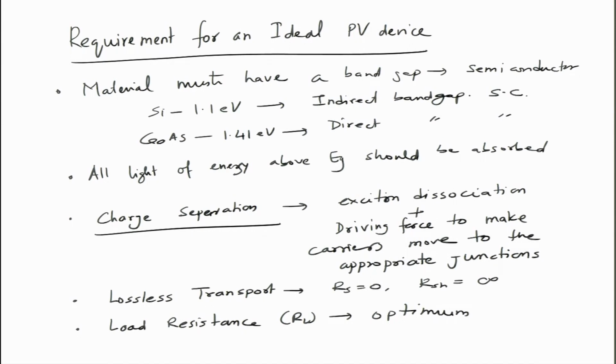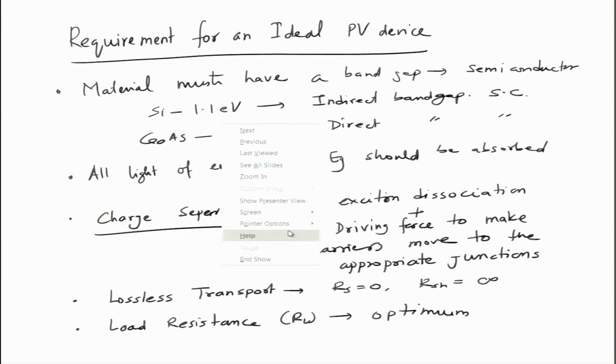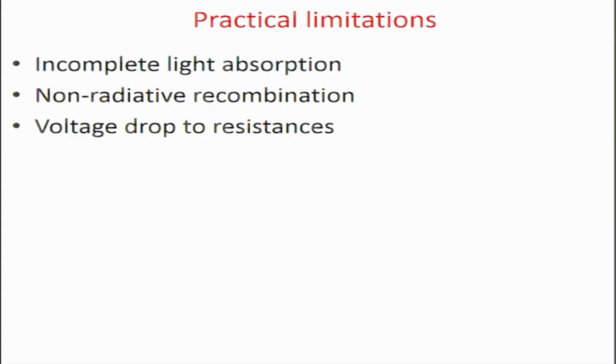So, these are certain practical requirements if you want to have a good device, but there are some practical limitations as well. The devices have incomplete light absorption, there is a problem of non-radiative recombination, and there are voltage drops due to resistances.